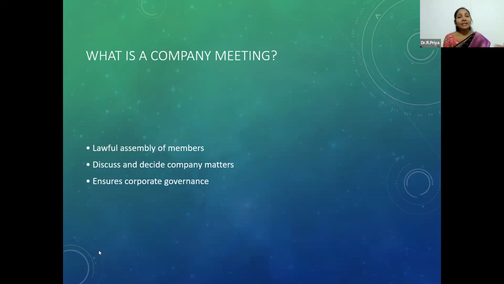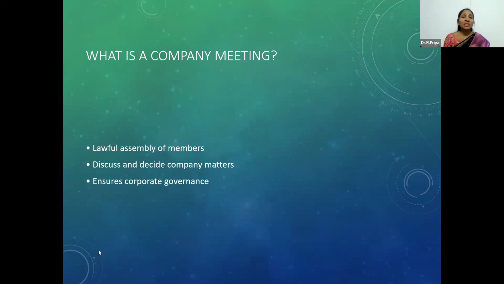Secondly, discuss and decide company matters. The company meeting serves as the decision making platform of the organization. Matters such as approval of financial statements, appointment and even termination of auditors, directors, secretaries, then declaration of dividends, discussion about financial statements, then strategic decisions like mergers, borrowings, and policy approvals.